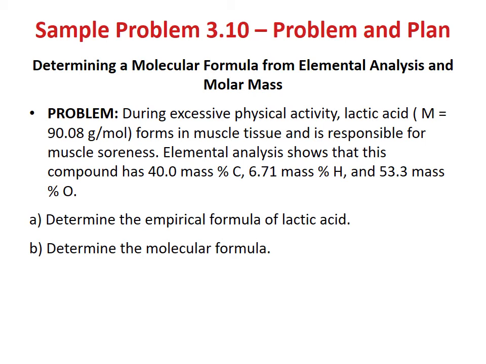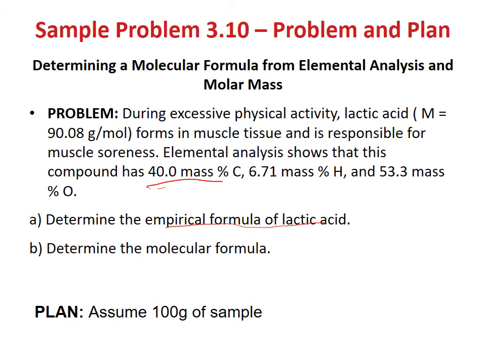So our plan is, we first assume it's 100 grams of sample, and then each element has a mass in grams equal to the percentage. For example, carbon will be 40 grams, hydrogen will be 6.7 grams, and oxygen will be 53.3 grams.